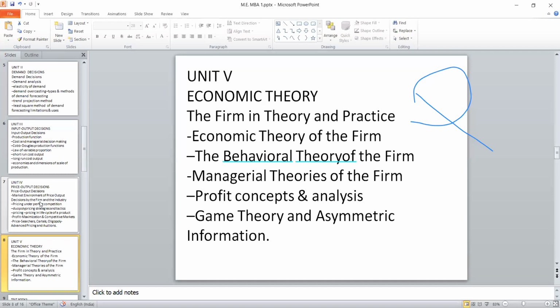How the factors of production are used for producing goods, input output analysis, then materials management, production management, customer relationship management, supply chain management, consumer management, marketing management, human resource management. These are all the management topics that you have to study.